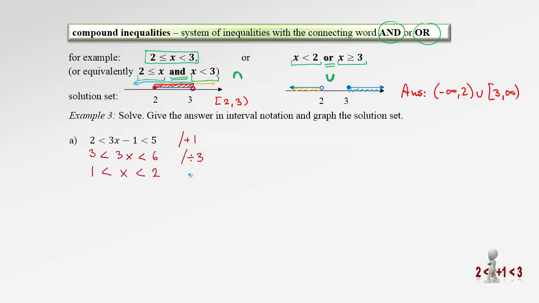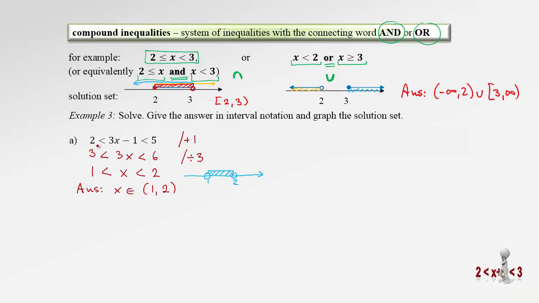It's always a good idea to draw it on the number line so you can see what's going on. The numbers that we are looking for will have to oscillate between 1 and 2. So if I mark 1 here and 2 over there, the solution set is everything that's in between. So I'm ready to give the final answer. X is any number from 1 to 2.